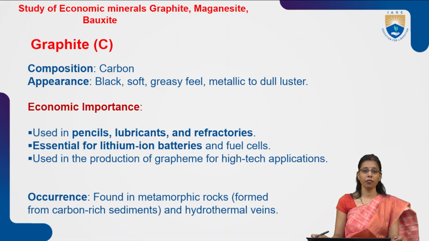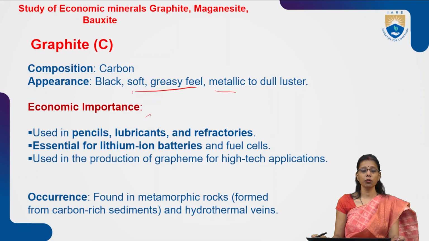When you talk about graphite, graphite is basically carbon. Its appearance is black, soft, with a greasy feel, and it has a metallic to dull luster. If you talk about the economic importance of graphite, it is widely applicable.